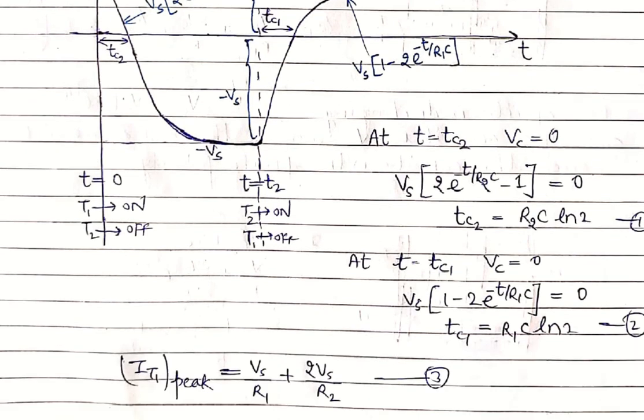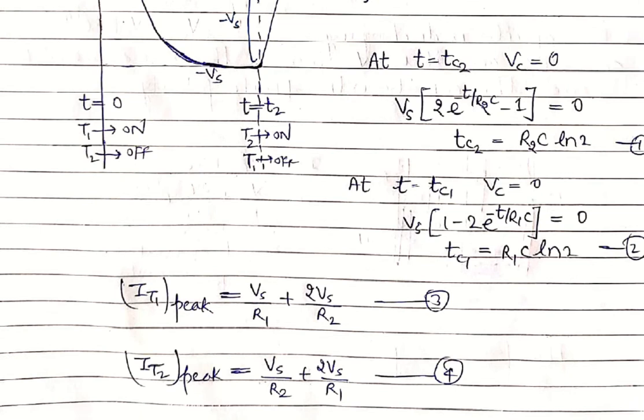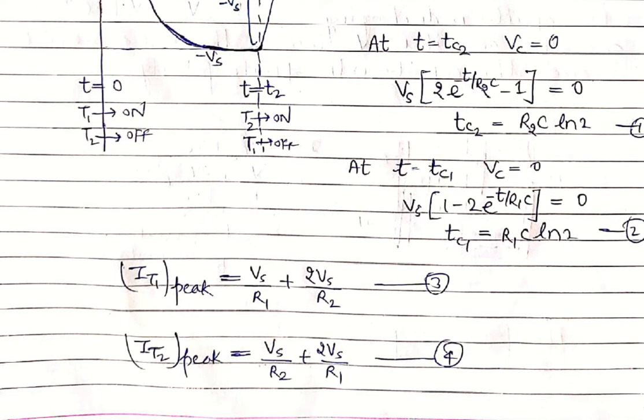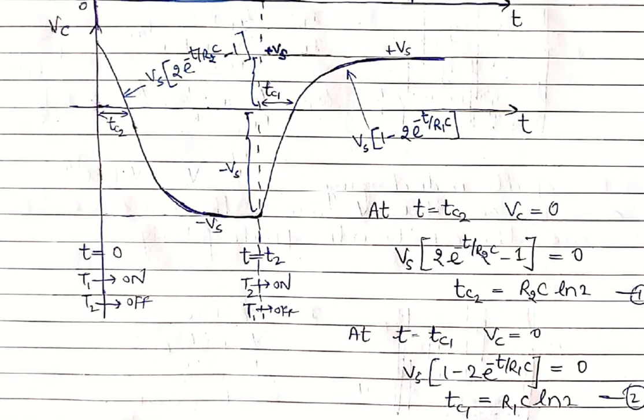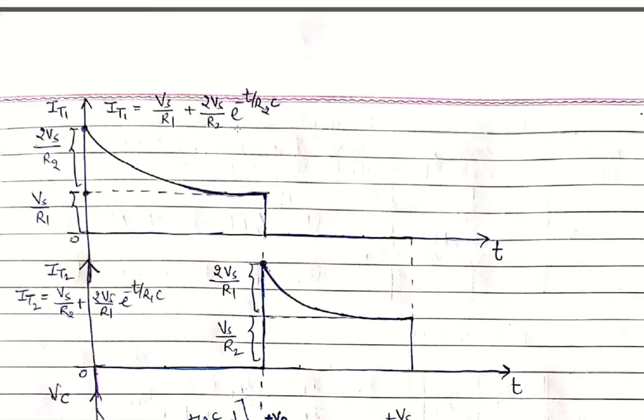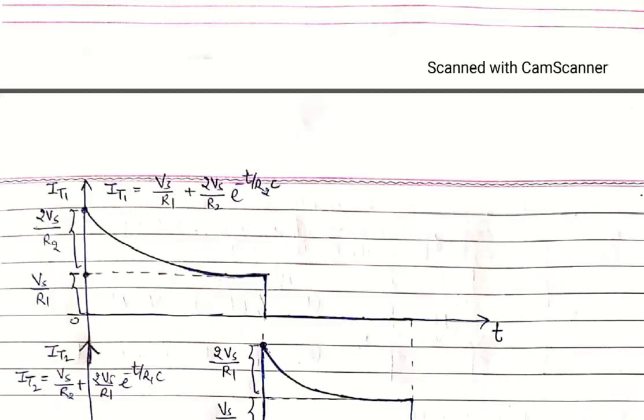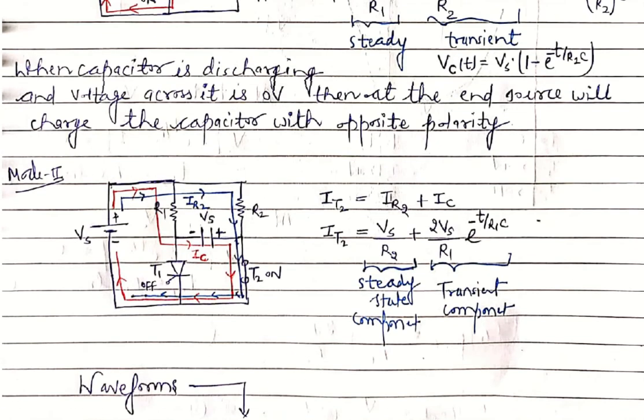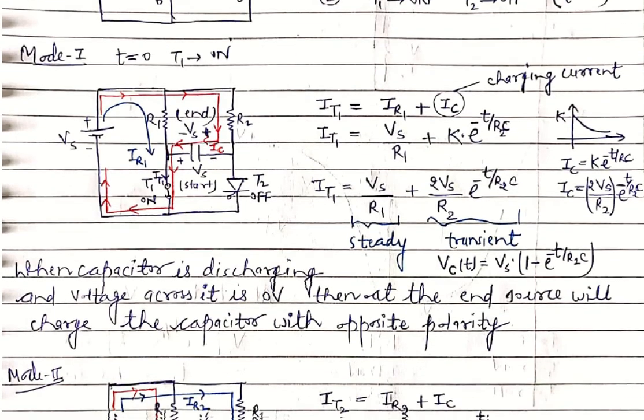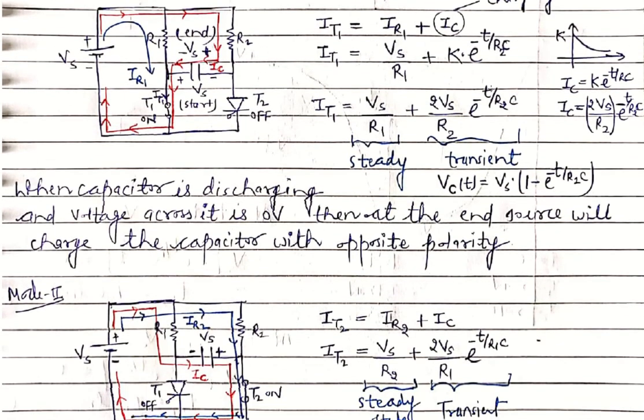And if you want to find the peak value of thyristor current, we can find it from the expressions of thyristor currents, denoted as IT1 and IT2. If we put t equals infinity, then at steady state it will take the level of Vs divided by R1 plus 2Vs divided by R2, as shown in the expression.